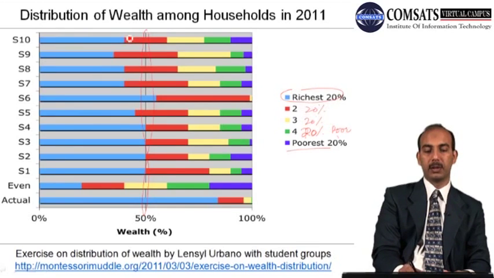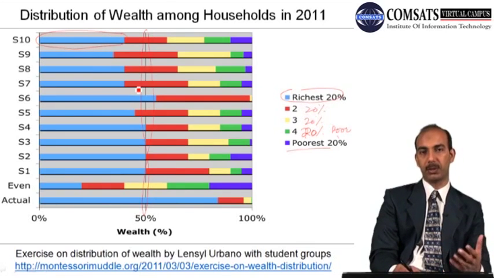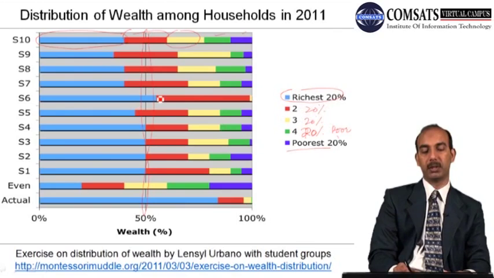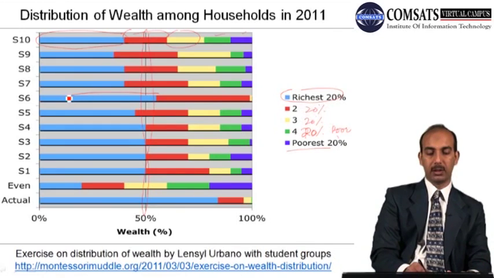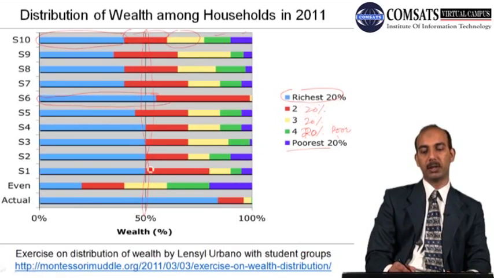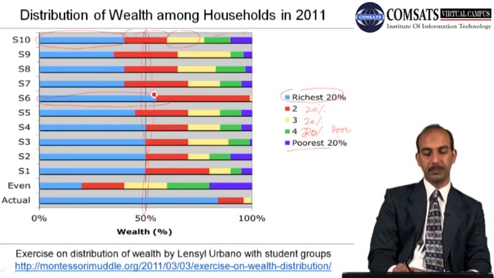So one of the groups distributed wealth like this. They thought the top 20% of the people hold in total 40% of wealth. And then about 20% for the next group, and likewise. No group gave more than 60 or 70% of the total wealth to the top 20%. So you can see here the maximum wealth that was allocated to the richest people was about 60%.